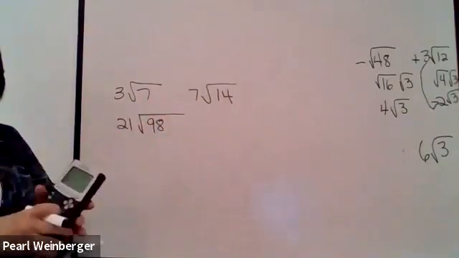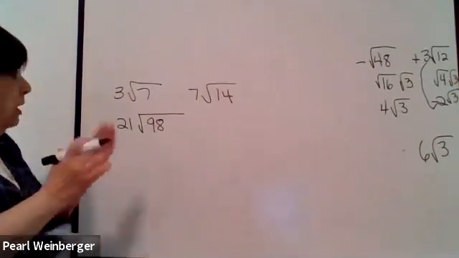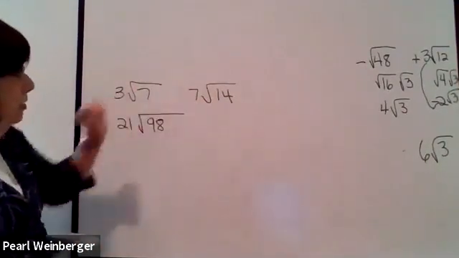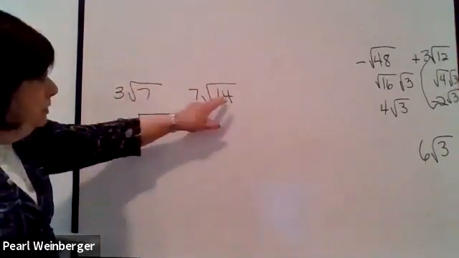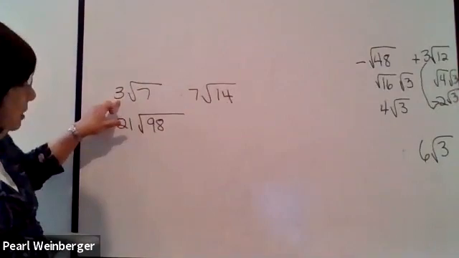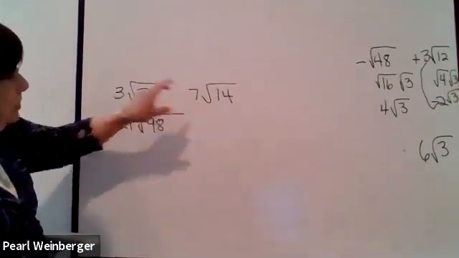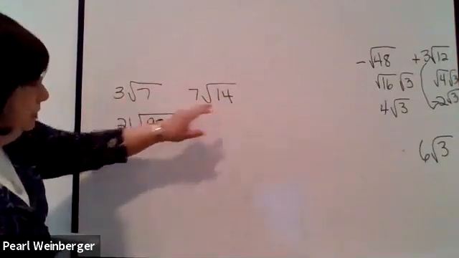So that is the short and simple. Multiply numbers outside together, multiply numbers inside together. Do not multiply a number that's outside a radical with a number that's inside. So outsides by outsides, insides by insides.